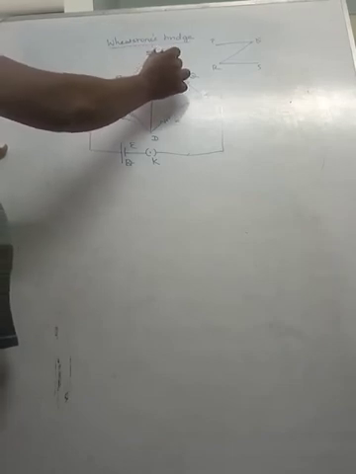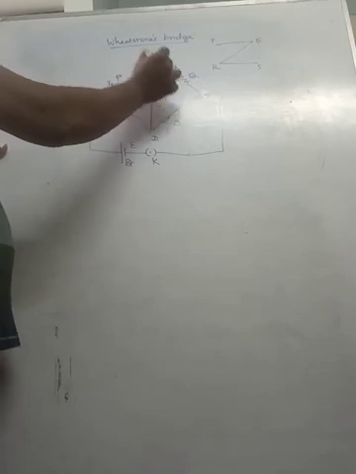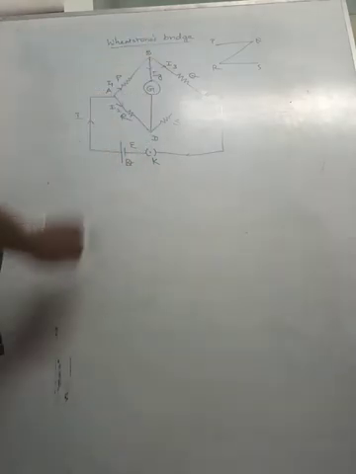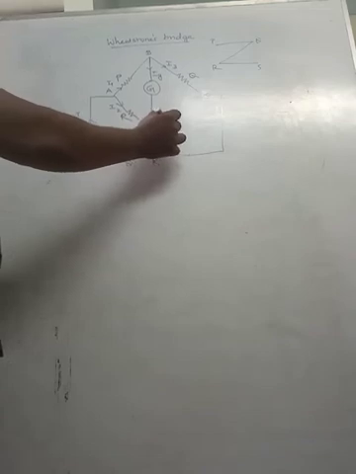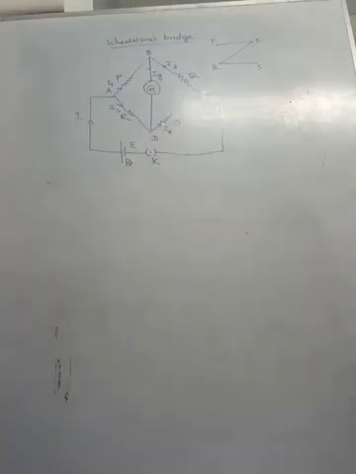Let me take this current as I3 and this current as IG. IG reaches D and I2 also reaches D. Then both will be added and move on as I4 to the resistor S.